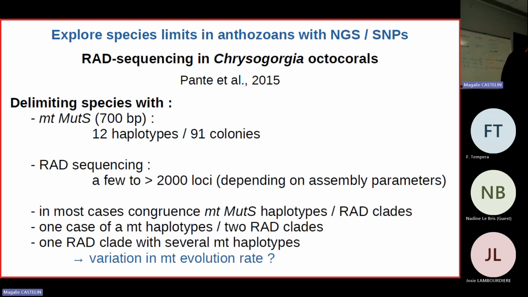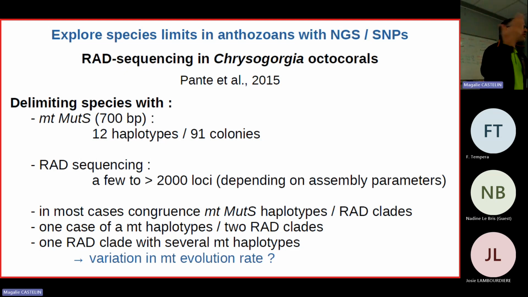With the analysis of 91 colonies, he got 12 different sequences, 12 haplotypes. And with RAD sequencing, he got, depending on the samples and the way you analyze the data, from a few markers to more than 2,000 markers. And in most cases, you had a congruence between haplotypes and the RAD clades in saying this is identical or this is different.